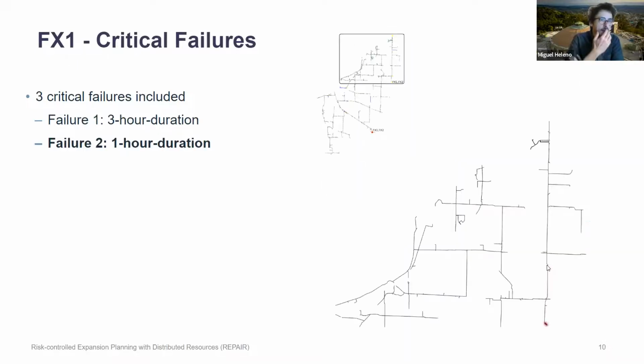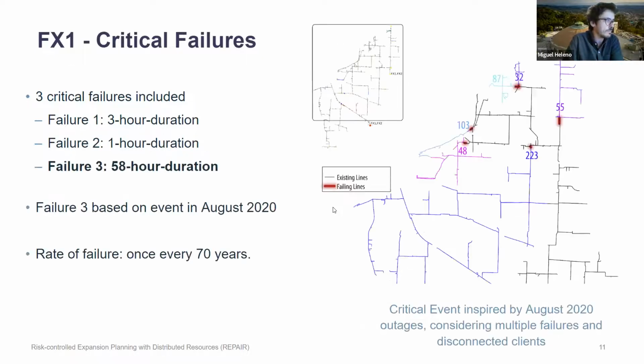The second failure, a big failure, was on the feeder head. So it was just for 1 hour, but again, very upstream, and it took all the network down for approximately 1 hour.